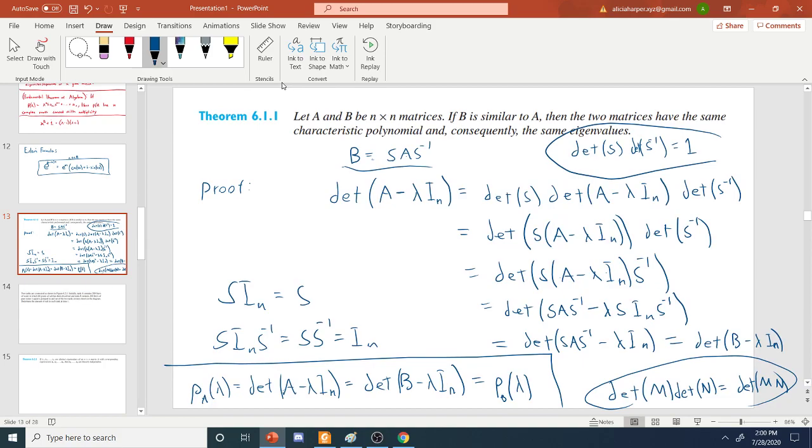Because the characteristic polynomials are the same, they have the same set of roots, and thus the same set of eigenvalues.